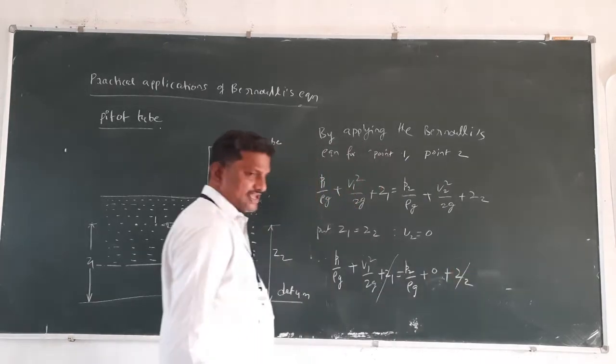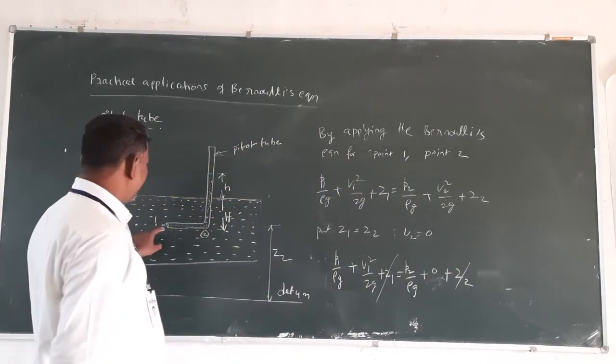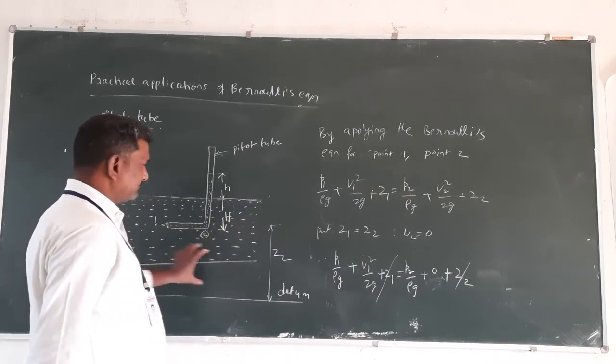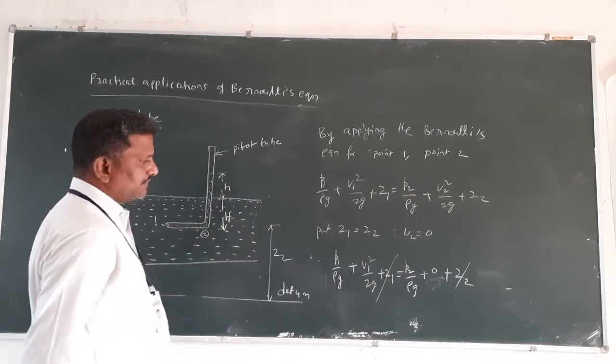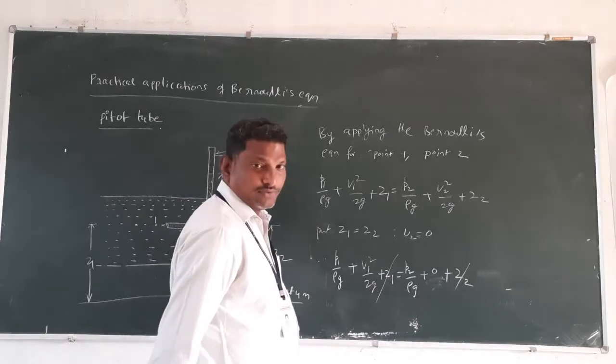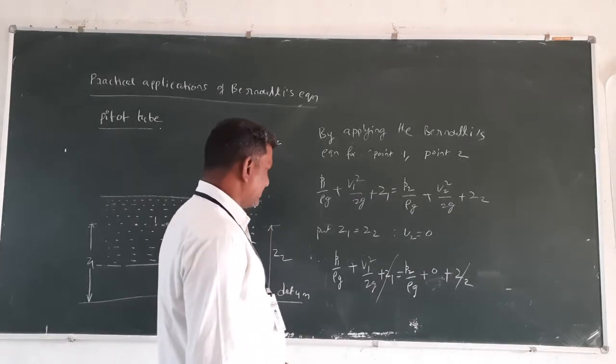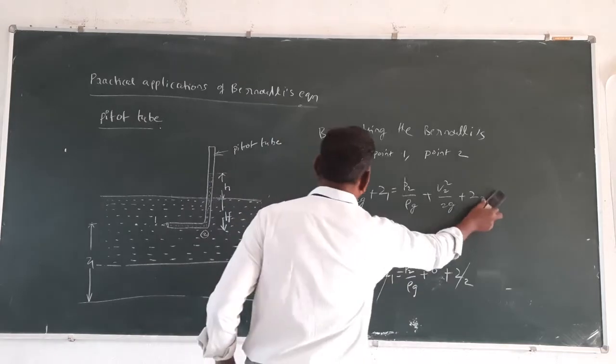Z1 and Z2 are the same, so they get cancelled with each other. So what is the remainder?